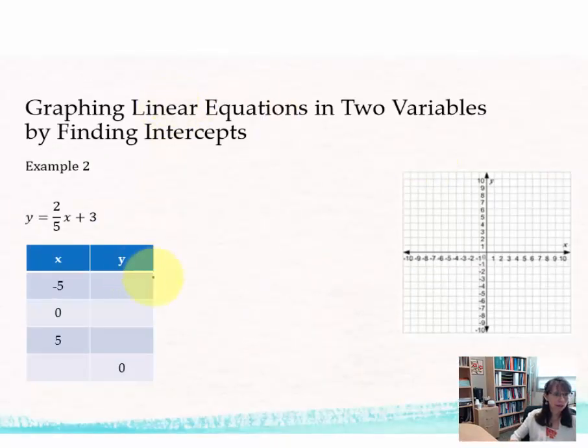Our last example, we're given y equals 2/5 x plus 3. So if we're looking specifically for intercepts, notice we need zeros included in the chart, and I've put some other numbers as well. So our first substitution, x value is -5. Isn't it convenient that we're choosing a number to substitute for x that is a multiple of our denominator?